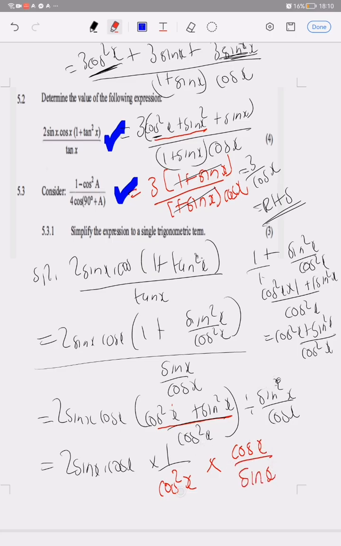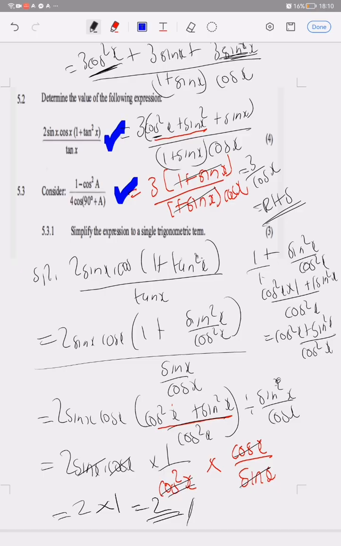I've flipped this one. So what do I do now? I just cancel, right? So this one will go with this one, and this cos x will go with this one. Do you see? So I'm only left with a 2 times 1, which is a 2. So that's the solution, the answer is 2.